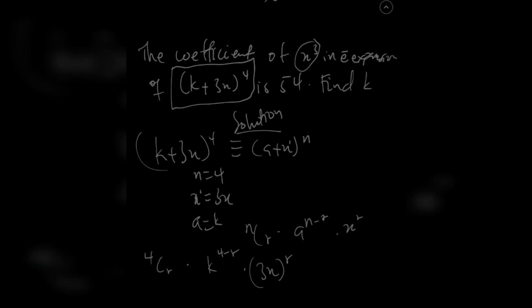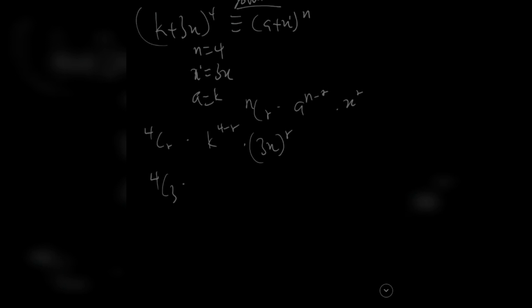Since it's an x cube term, the value of r here should definitely be 3. So you just have to replace r with 3, so k raised to the power 4 minus r, times 3x all power 3.